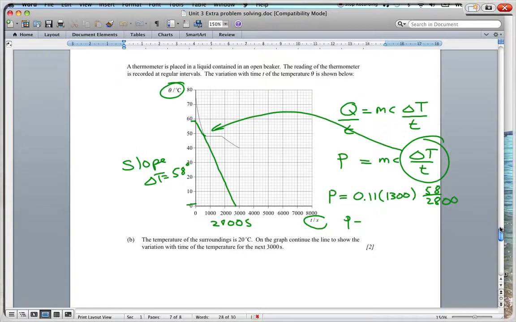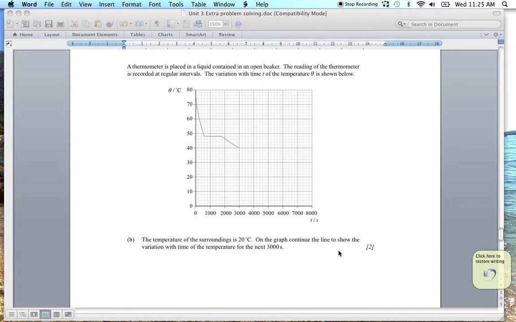Your power should equal 4 watts when you do that. Alright, so that was that question. Let me see if there's anything more that needs to be done here.